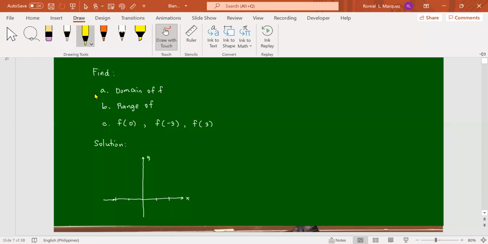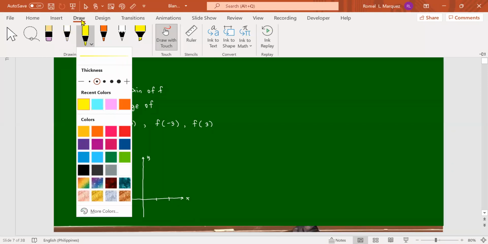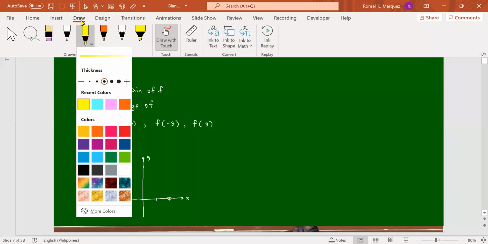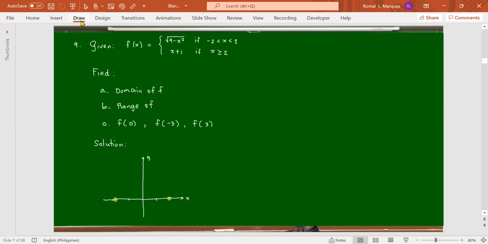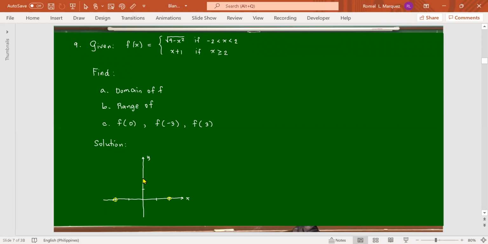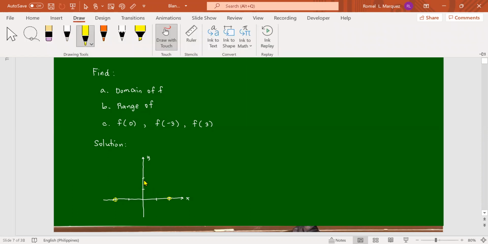So this is supposed to be open here. When x is -2, 4 minus 4 is 0. So when x is 2, we have 4 minus 4 is still 0, but still open. Open here. And then when x is 0, we have what? 2. Okay. So we have 2 here.